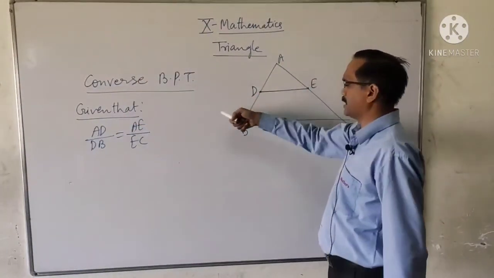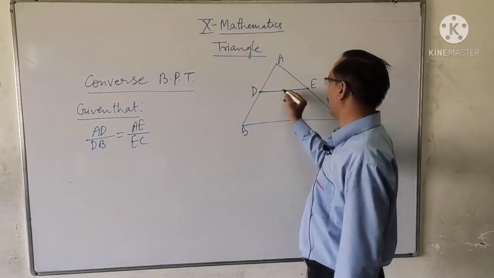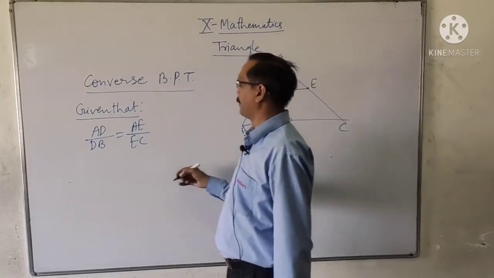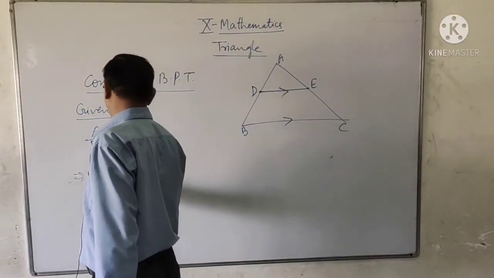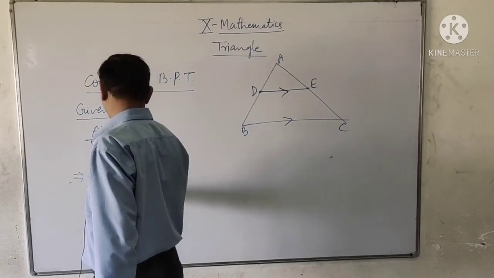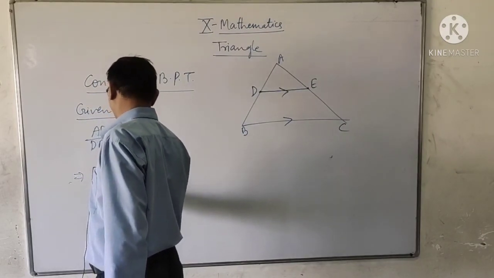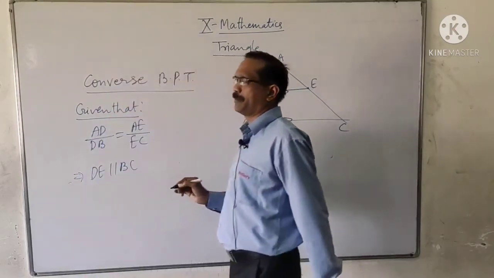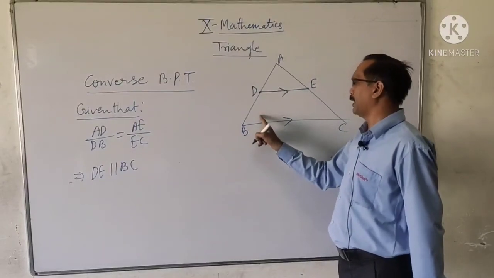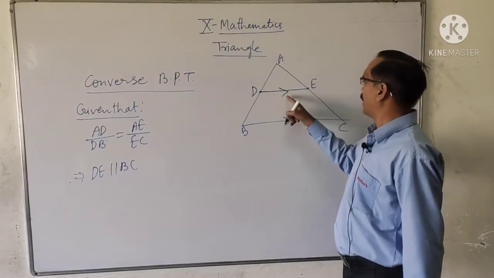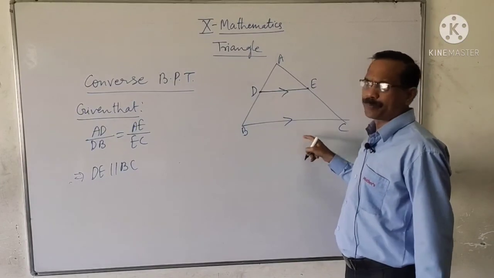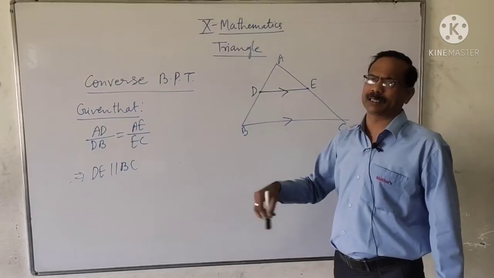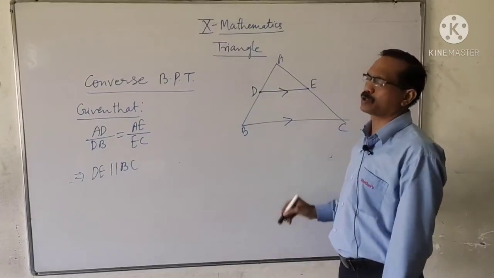This ratio is equal. Then in the converse, DE is parallel to BC. It is the converse of BPT. Here the ratio is given and then lines DE and BC are parallel. In the BPT theorem, the lines are parallel and the ratios are equal. So it is just the opposite. So it is called the converse of BPT.